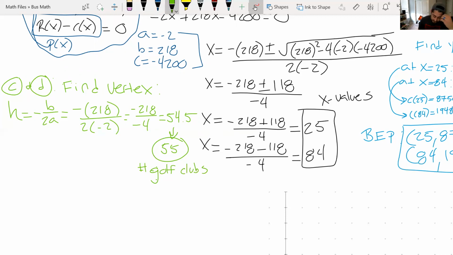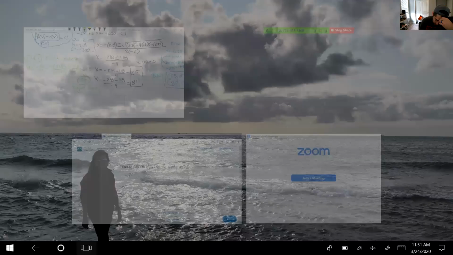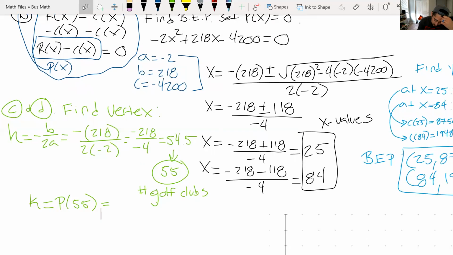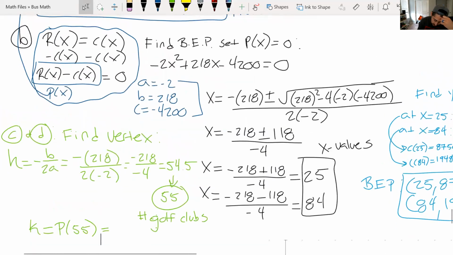And now, to find K, we take 55 and plug it into the profit function. P of 55. So, where's my profit function? Right there, I can use that one.